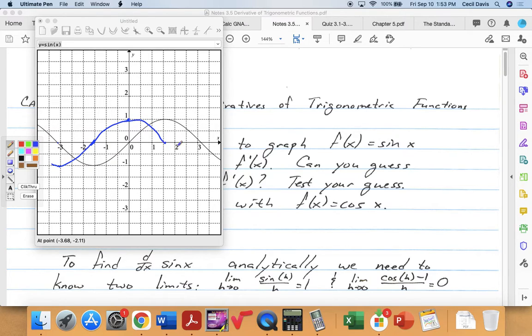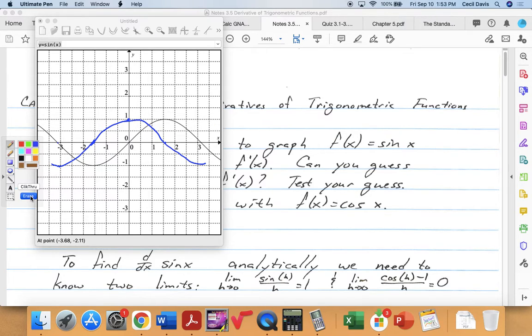So that looks a lot like cosine, doesn't it? Sure does. Okay. So again, the calculator did it for me, but I can also do it by hand and be relatively well convinced that the derivative of sine is cosine.